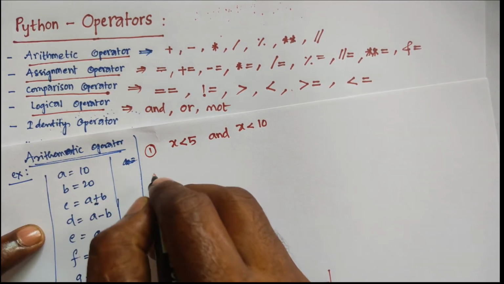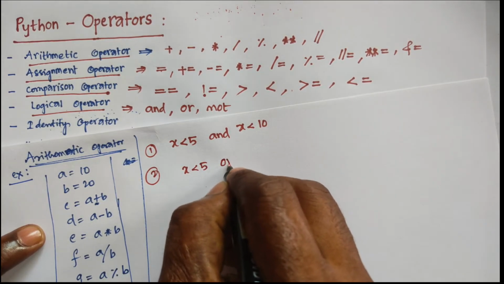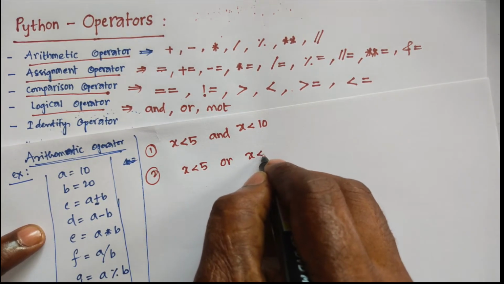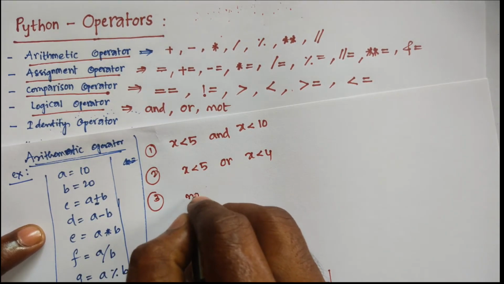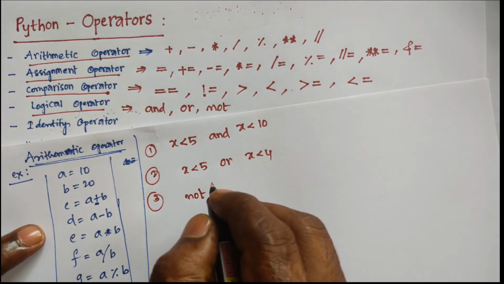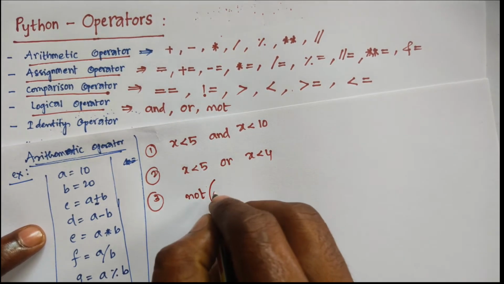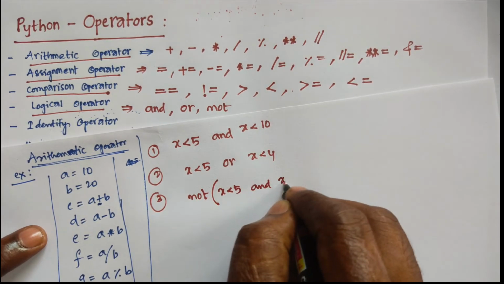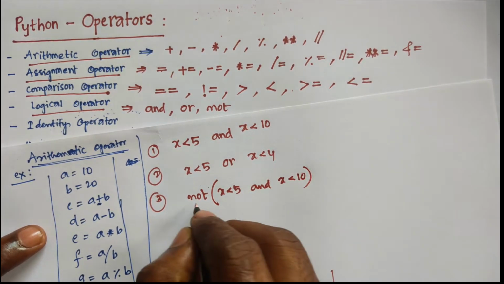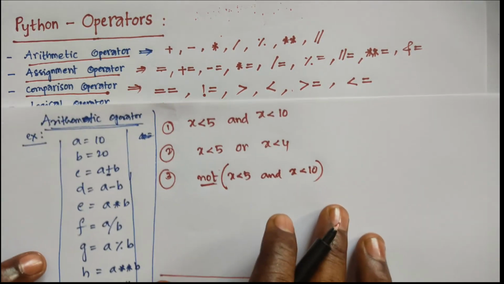One more example for logical is x less than 5 or x less than 4. Third one is not, which reverses the result, returns false if the result is true. Not x less than 5 and x less than 10, that is the actual not.